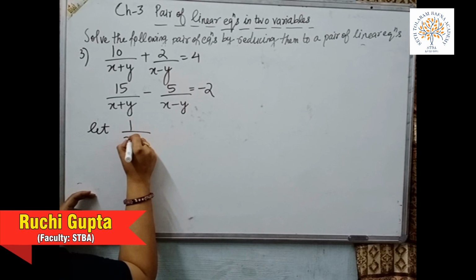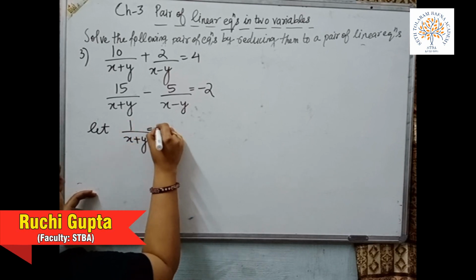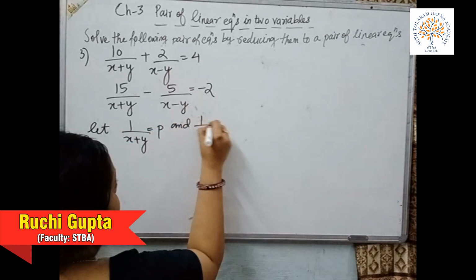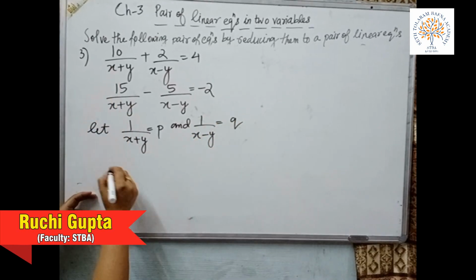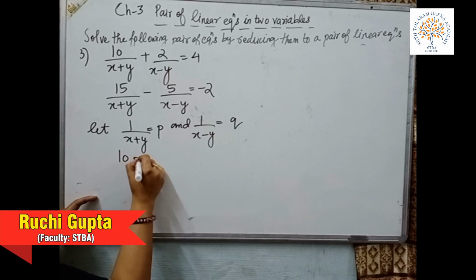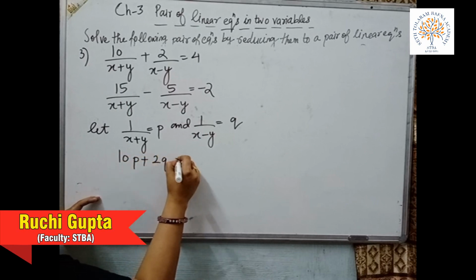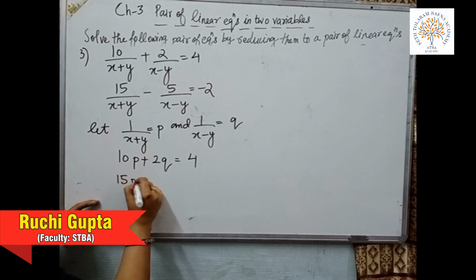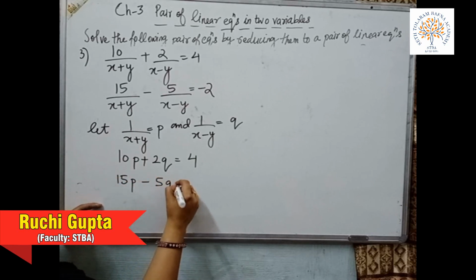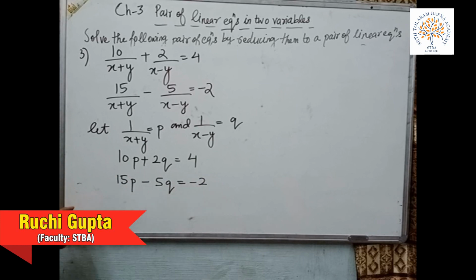So let 1 upon x plus y be p and 1 upon x minus y be q. So what is our first equation? It is 10p plus 2q is 4 and the second one is 15p minus 5q is minus 2.